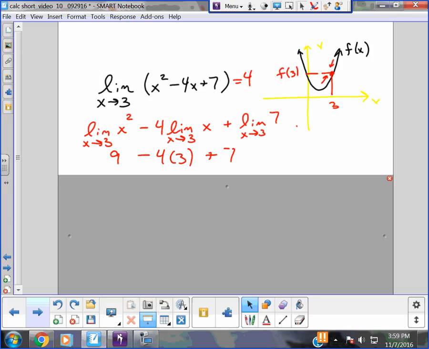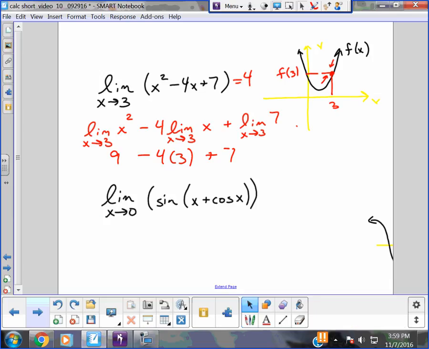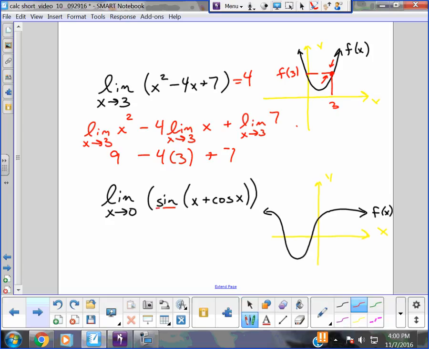Alright? Likewise, it doesn't have to be functions that are pretty. So I have the limit as x approaches 0 of sine of x plus cosine x. And if I graph that, it might look something like that. And here we see that it's a continuous function and a continuous function. Yeah, it's composite, but it exists. And at 0, we probably could find this value. So I plug in, and I simply can direct substitute here because it is continuous.